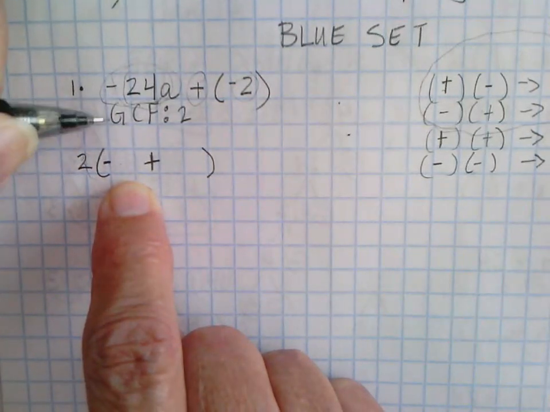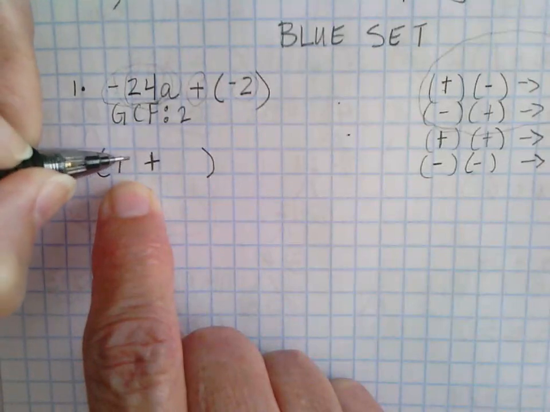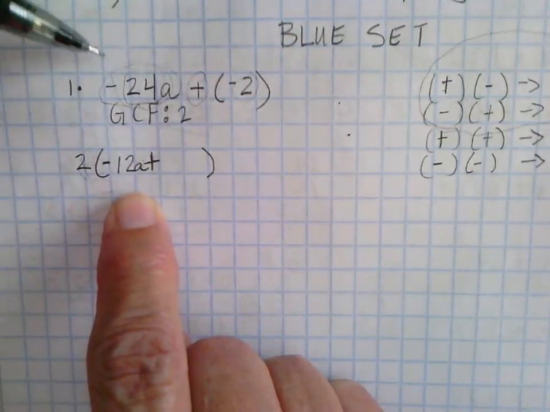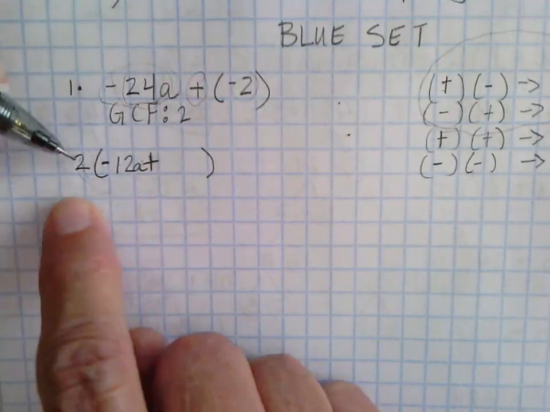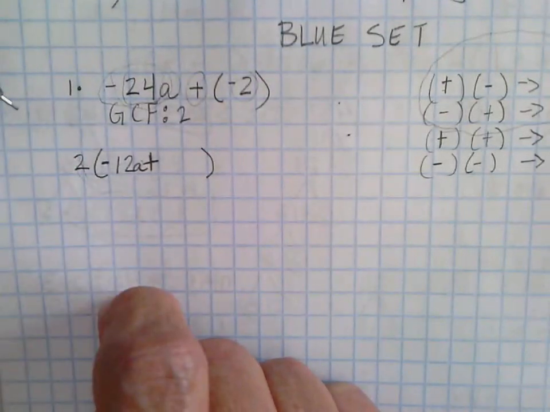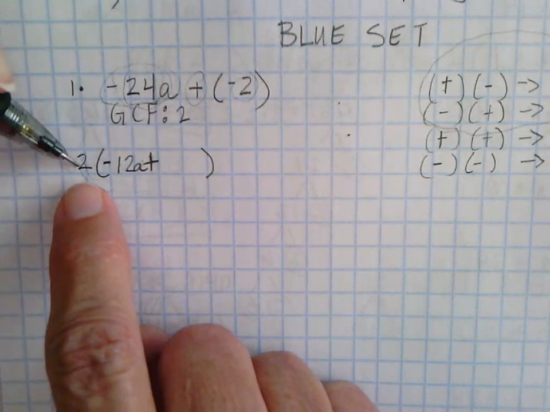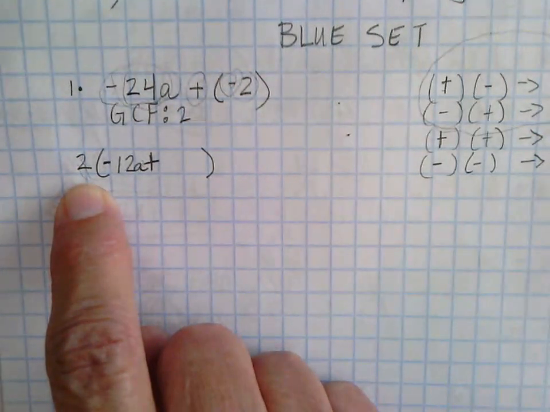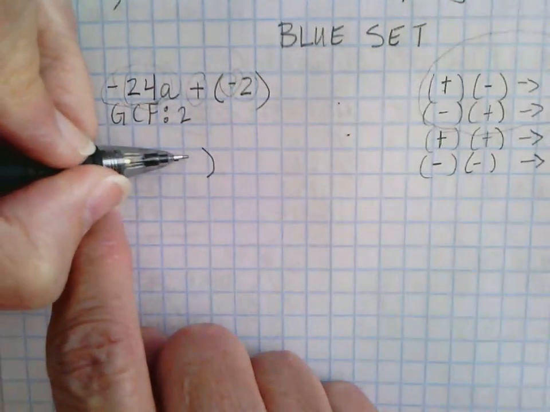So 2 times a negative 12a is what would result in a negative 24a when I distribute that 2 through. And then 2 times what would give me a negative 2? Well, that would be a negative 1.